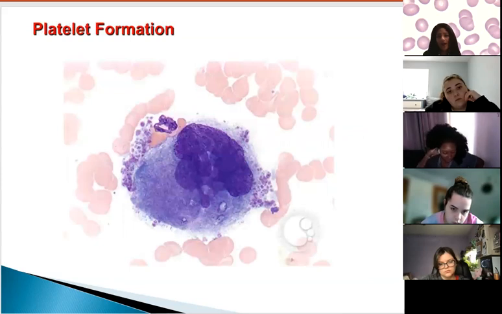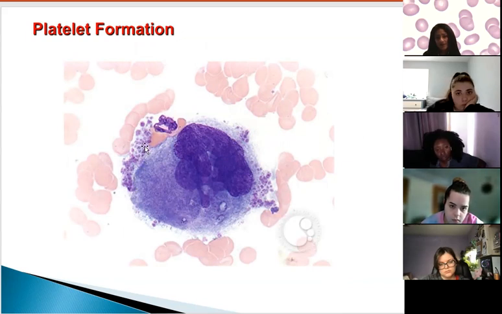And here it is, a nice, beautiful megakaryocyte with proplatelet processes, right? And so these get shed into the circulation. And again, platelets are fragments of the cytoplasm. Once the platelets are released, it leaves this nucleus to be phagocytized by macrophages in the bone marrow.